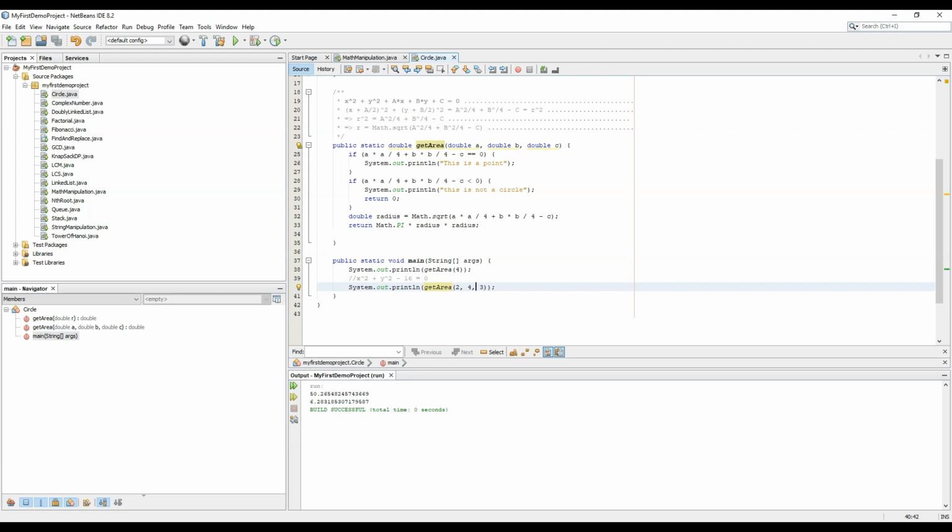If we want to calculate it for some big value, say for 14 and 20, it's calculating correctly. So you can verify it by manually calculating the value.